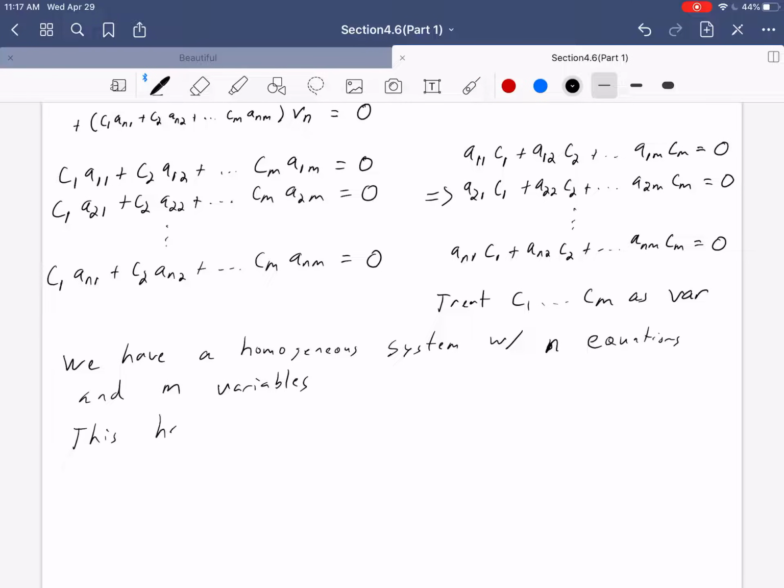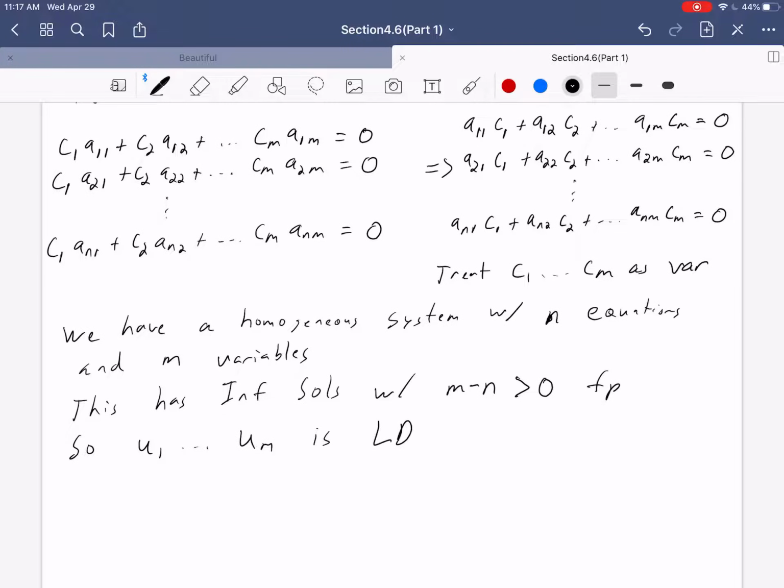This has infinite solutions with m minus n free parameters, which must be greater than 0 because we assumed m is greater than n. So this tells us u1 through um is linearly dependent. So we went ahead and handled case 1 here. We showed that if you have more vectors than in the basis, you are automatically linearly dependent, so you cannot also be a basis.